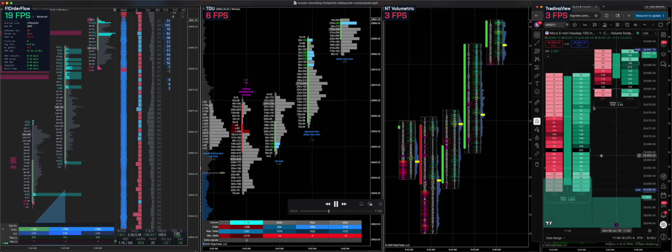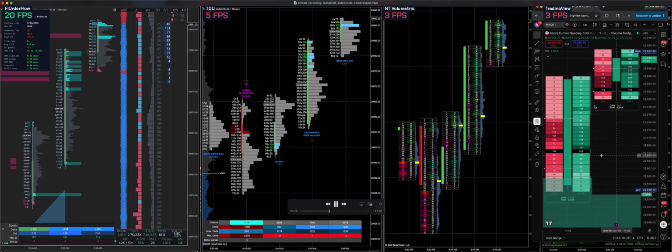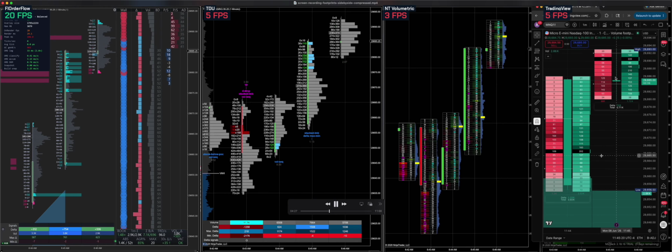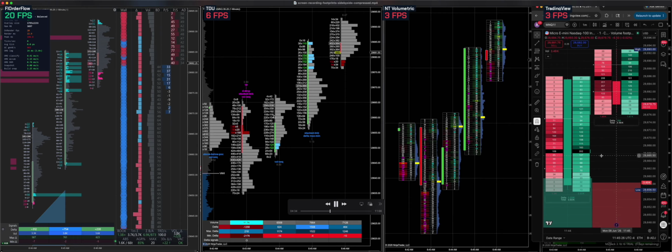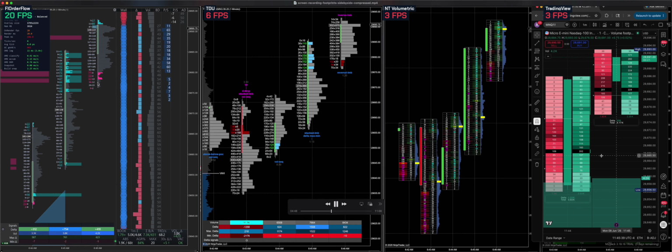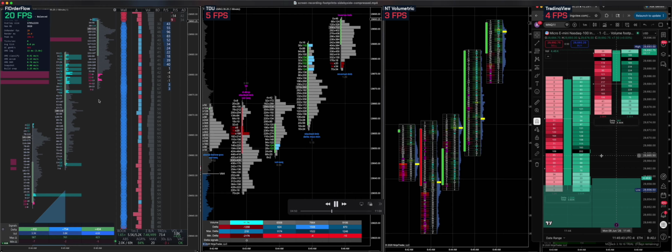This is the Chrome browser. And the rendering cannot keep up with the actual price. It's the same with TradeDevils footprint right here. It eventually catches up, but there must be something like a 200 millisecond delay or around there on what the actual price is, right?